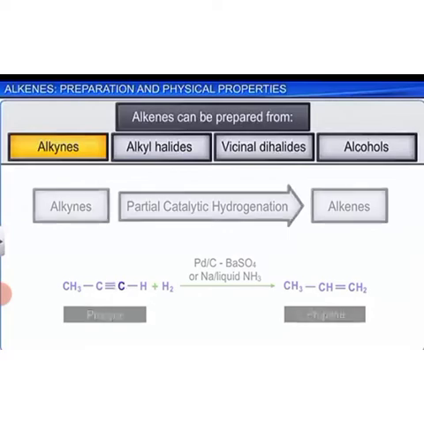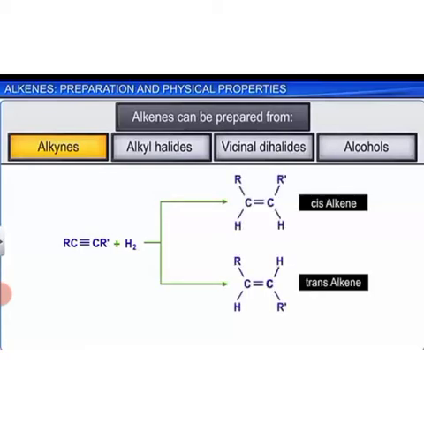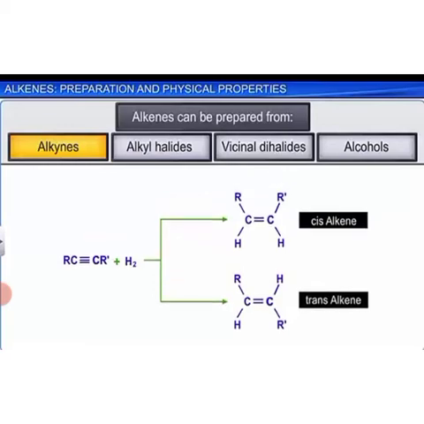Depending upon the nature of the catalyst used, a higher alkyne can be reduced to cis or trans alkene. Lower alkynes, such as ethyne and propyne, and higher terminal alkynes do not yield cis-trans isomers upon hydrogenation.